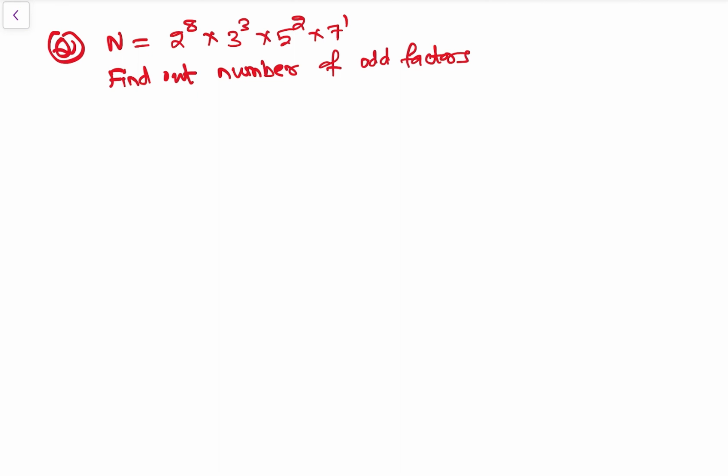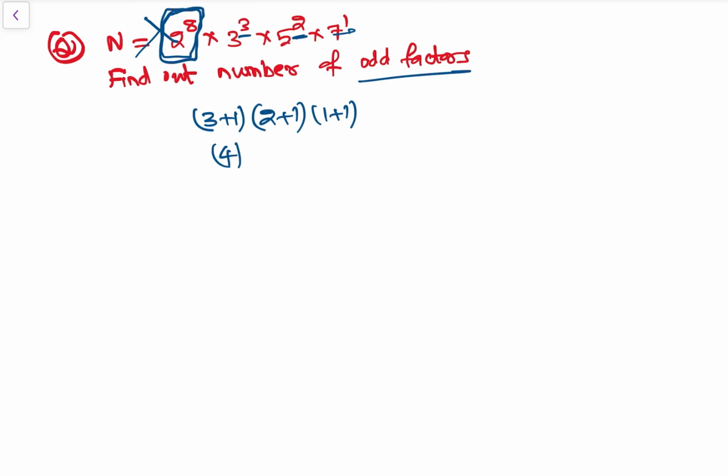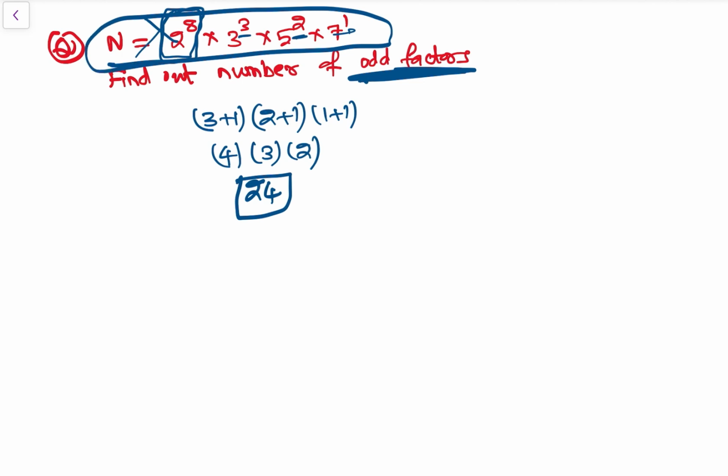We don't take the power of 2, so we cut that. So 3 to the power 3, 5 to the power 2, 7 to the power 1: that is 3 plus 1 into 2 plus 1 into 1 plus 1, so 4 into 3 into 2. 4 3s are 12, 12 2s are 24. So 24 odd factors are there for this number.